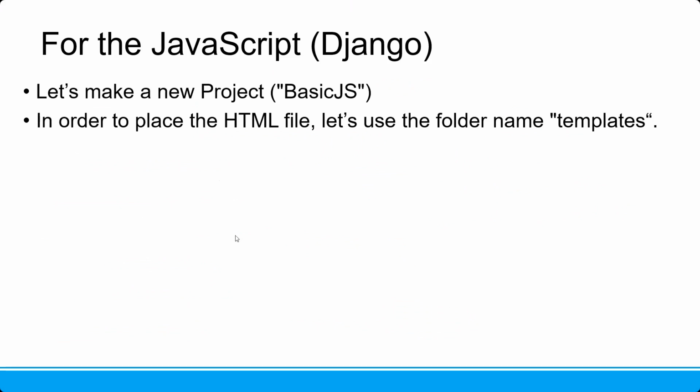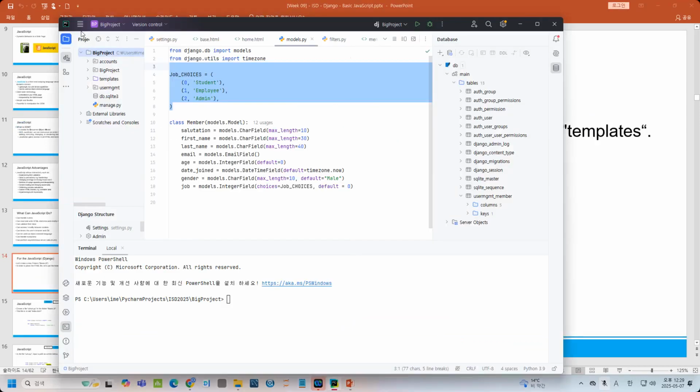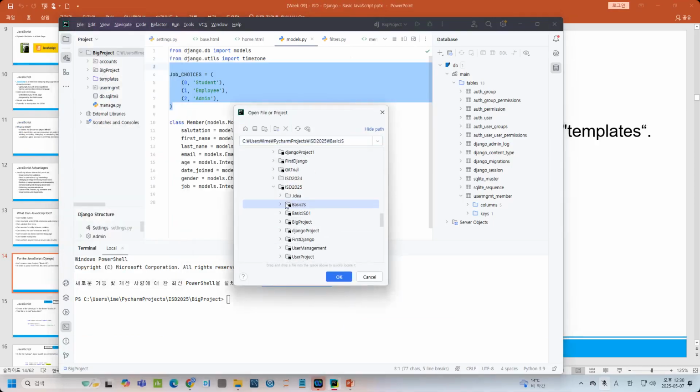So let's make the JavaScript. Let's deal with this JavaScript. As I mentioned to you, I do not know why there is an issue in this computer. In your computer, you can make a new project, basic JS. In order to place the HTML file, let's use the folder name templates. I think you already know this kind of stuff. Let me check again if I can work with the basic JS.